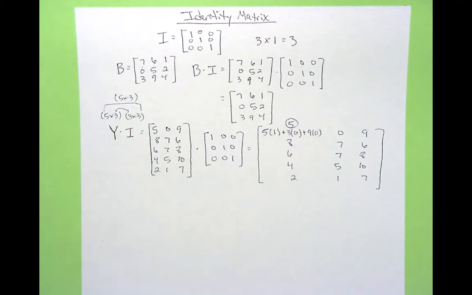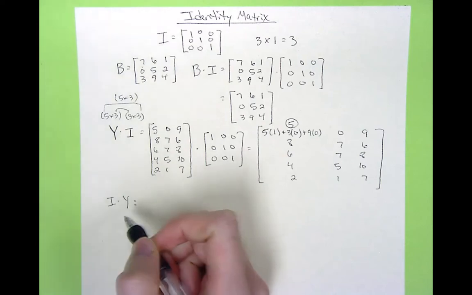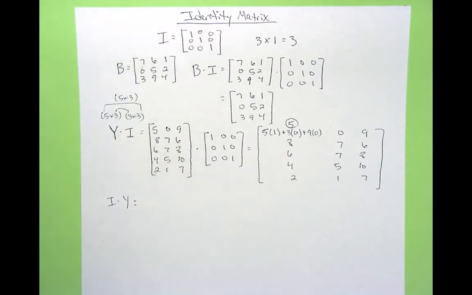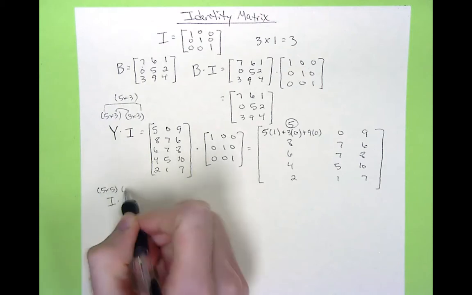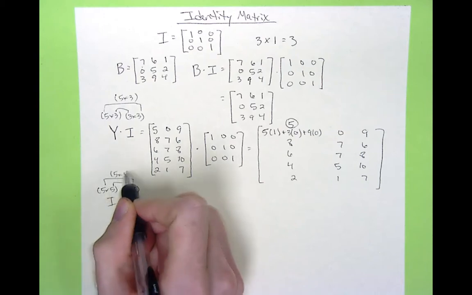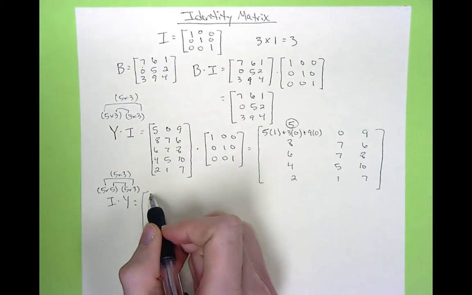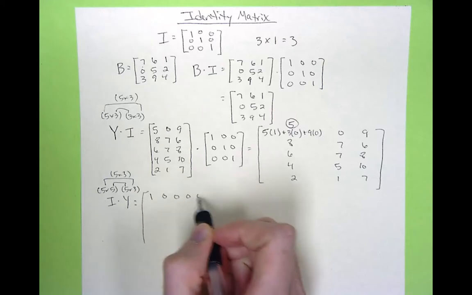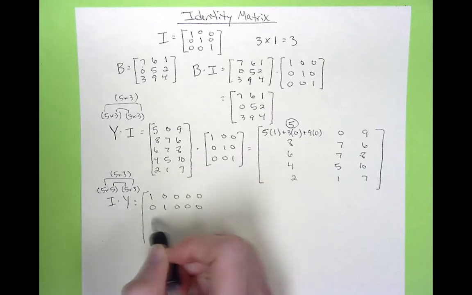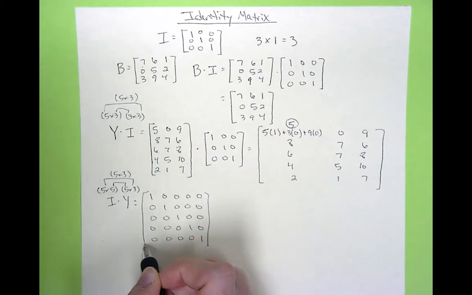So when you pre-multiply Y by I, I must be of order 5, so a 5 by 5 matrix, in order to get a 5 by 3 matrix. So it's going to look like this. Ones on the diagonal there.